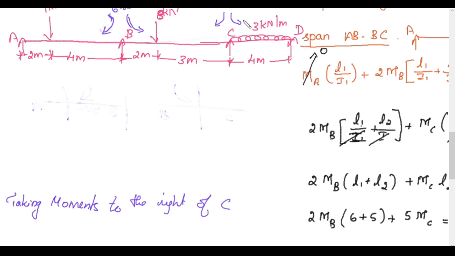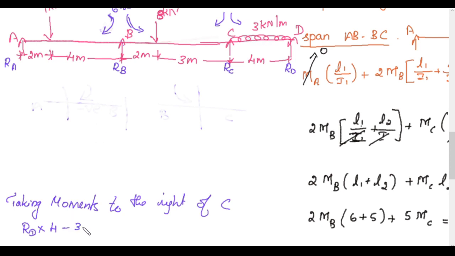The unknowns are RA, RB, RC and RD. When you are taking the section to the right of C, anti-clockwise is positive. So RD into 4.